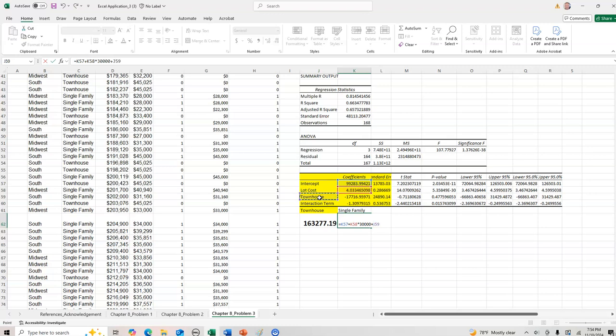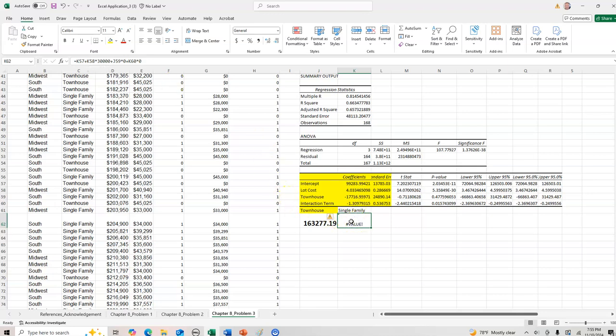Since this is not a townhouse, we're going to say times 0, and then plus this coefficient times 0, again, because the interaction term for you was the townhouse times the lot cost. And then so we'll just add another 0 to the interaction term. And so let's see, what did I do wrong here?